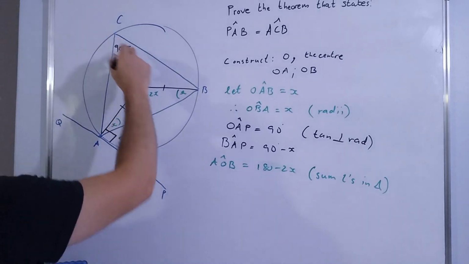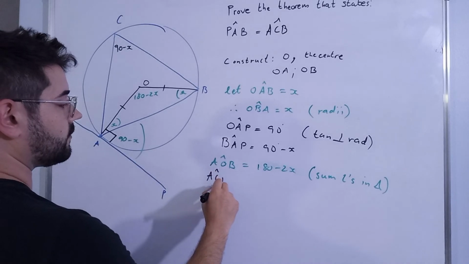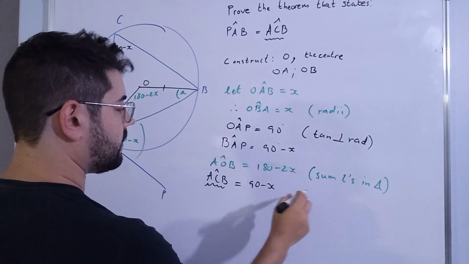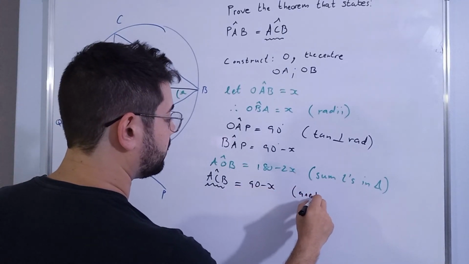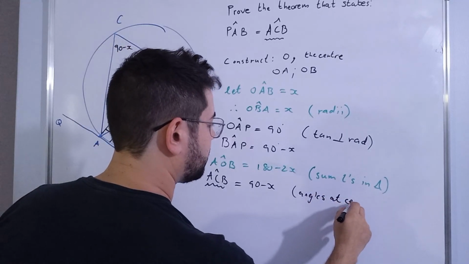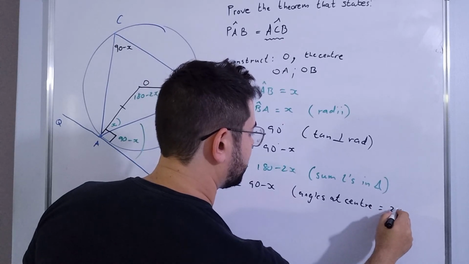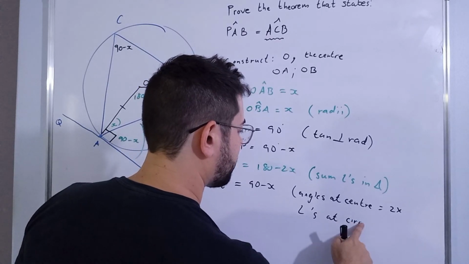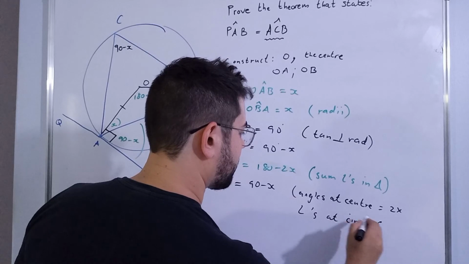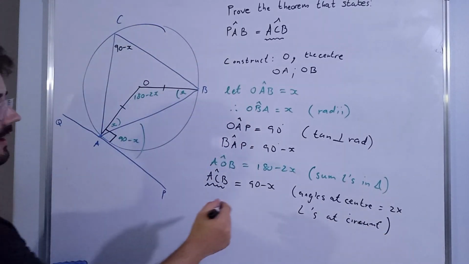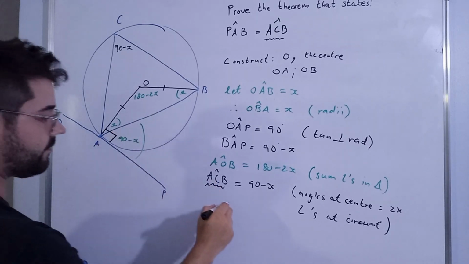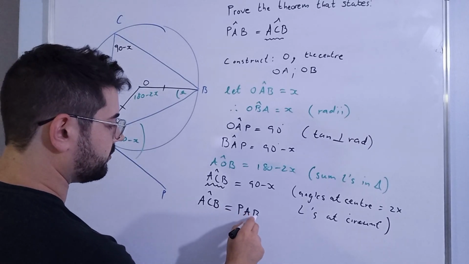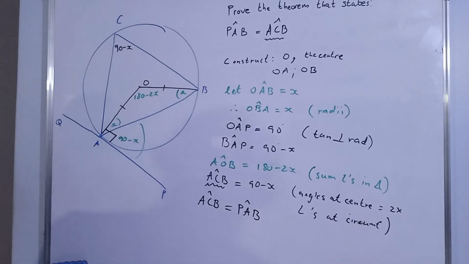So ACB, which is this angle from the beginning, is also 90 minus x because of angles at the center, and this is a long one, angles at center equal to 2 times angles at circumference. And we can go right ahead and say that's equal to PAB, which was our original mission. And that's the end of the proof.